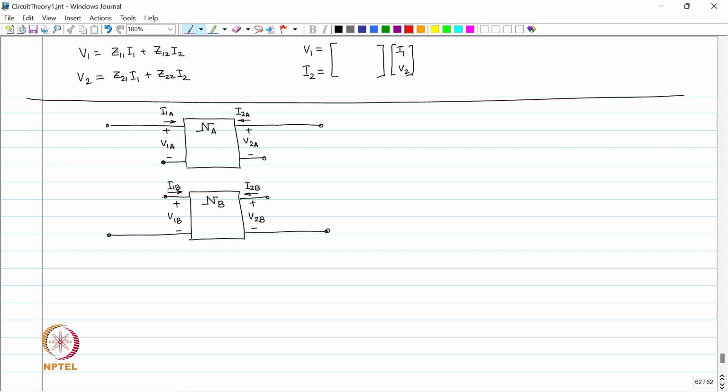We are going to hook them up in this fashion, and from outside I am going to call this overall voltage V1, this overall voltage V2, this overall current I1 and this overall current I2. This is the plan.